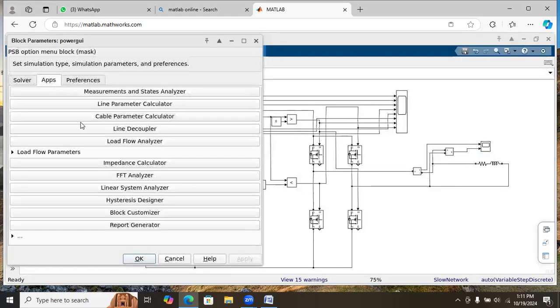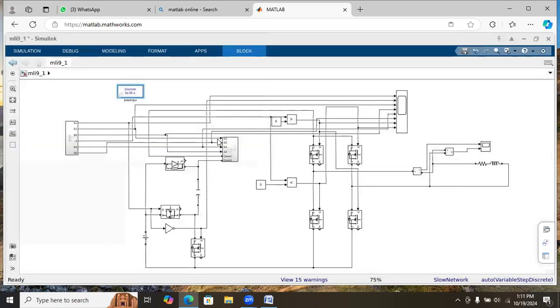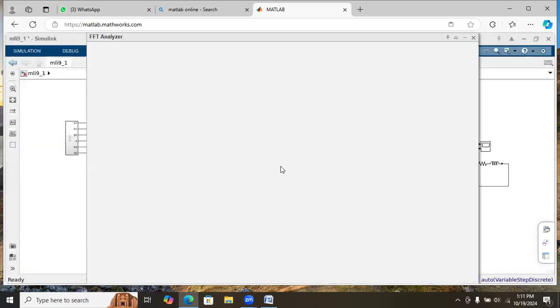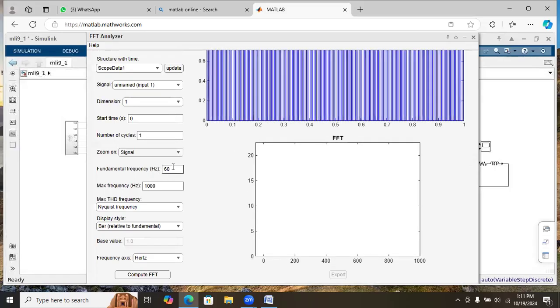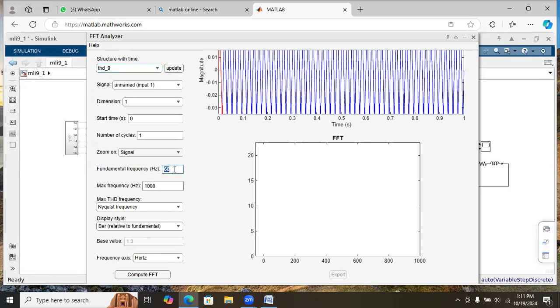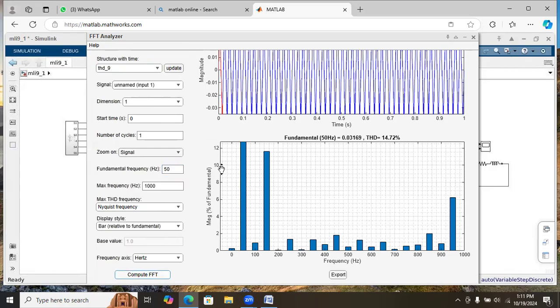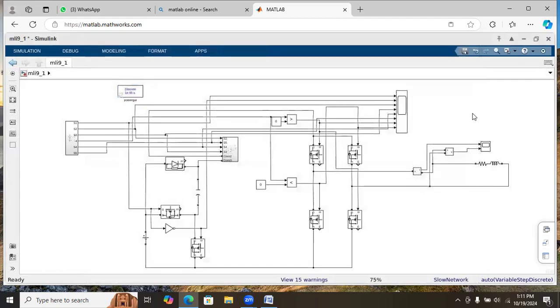And to measure the THD, we do the FFT analysis. Here the frequency should be 50. We are getting 14.72%. So these are the results we got from this inverter.